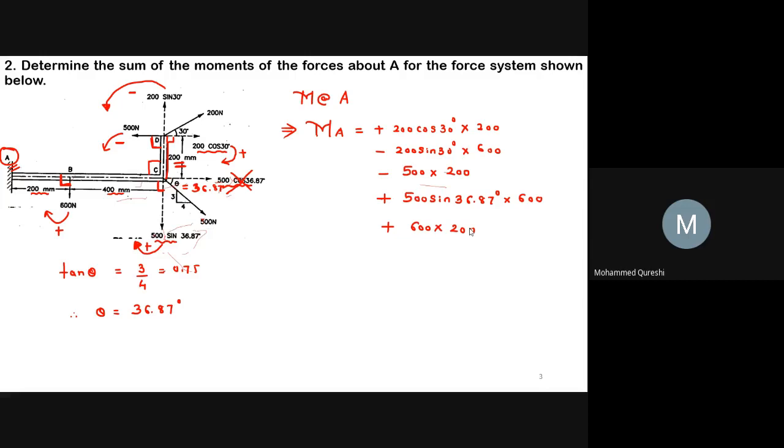After solving the above equation, you will get the moment at A equals to 174641.42 Newton into mm, or equals to 174.641 Newton into meter. Just remember this, that if your force exists on the same line of action, then we have to omit that type of force.